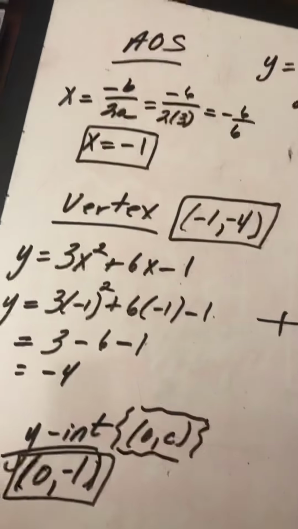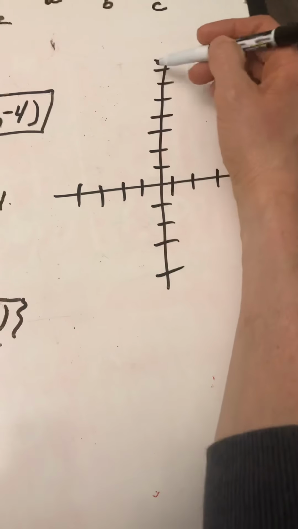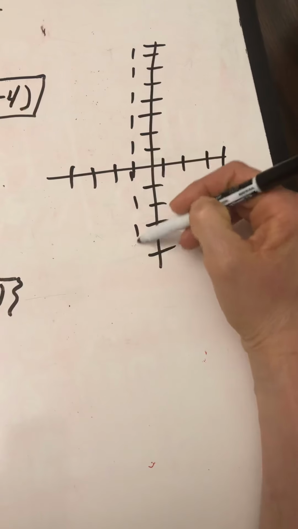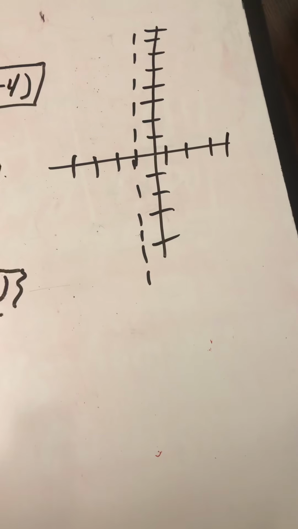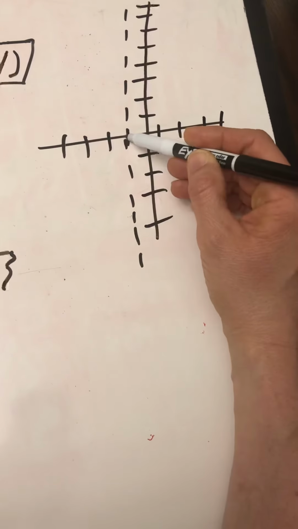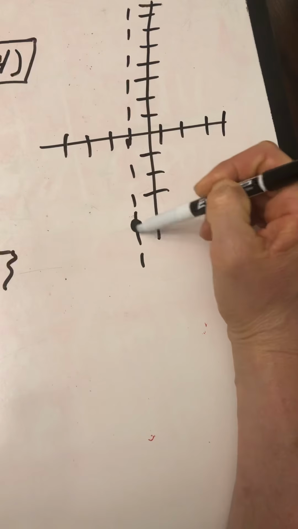My axis of symmetry is at x equals negative 1, so you come back to your graph, x equals negative 1. Here's my negative 1. You should draw a dotted line through there. Plot your vertex. If you did it right, your vertex is sitting on the axis of symmetry. So I'm going to go to negative 1, negative 4, and plot my vertex.